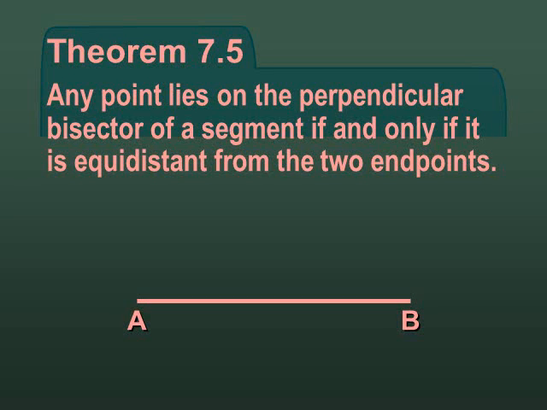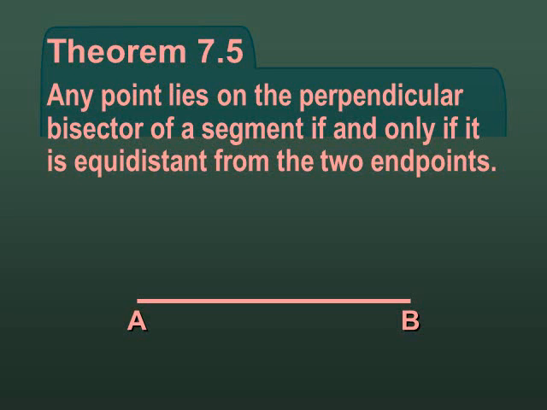So, first theorem. Besides right triangles, perpendicular lines are also used in several other ways. We are going to beat into our heads all the different ways that we can do bisectors and perpendiculars. Any point lies on a perpendicular bisector of a segment if and only if it is equidistant from the 2 endpoints.